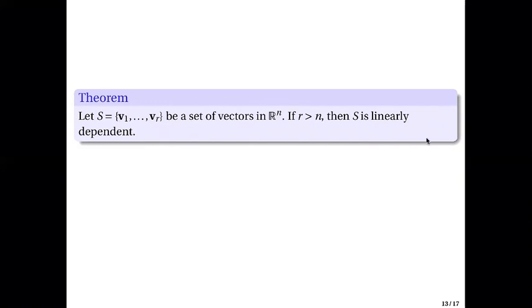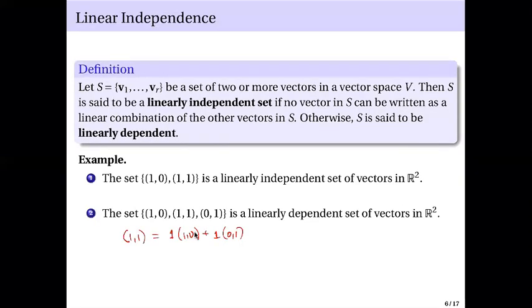For example, we've seen such previously. You are in R2 here, and the number of vectors that you have here is 3. So you have 3 vectors, but you are only in R2. So this will be linearly dependent.